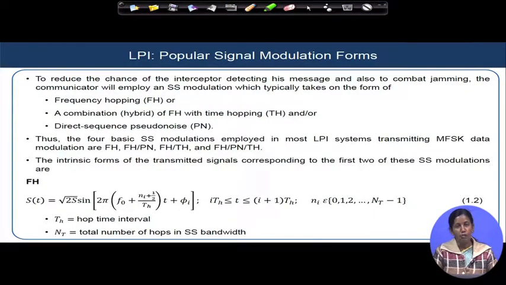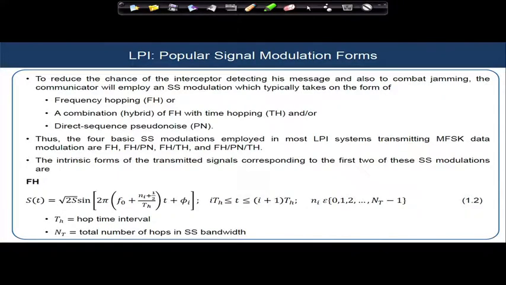In order to reduce the chance of the interceptor detecting that your communication is going on, and to combat jamming, we prefer to go ahead with a combination of different kinds of spread spectrum modulation systems. We prefer only frequency hopping, or a combination of frequency hopping with time hopping, also frequency hopping sometimes with a direct sequence spread spectrum communication system.